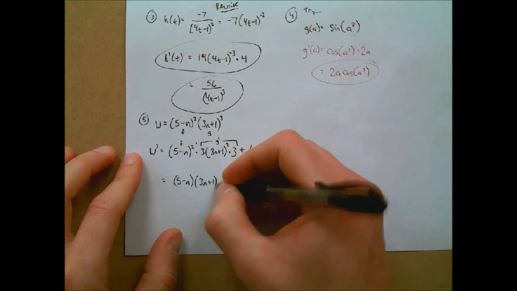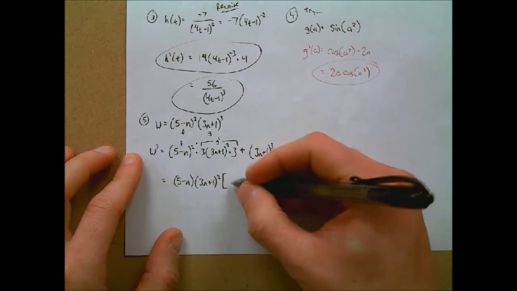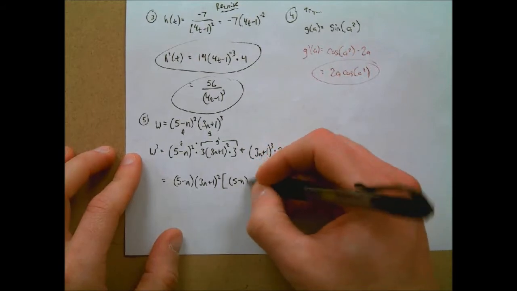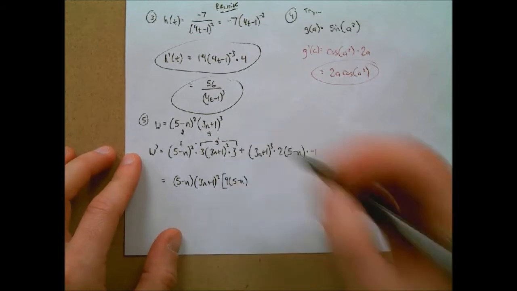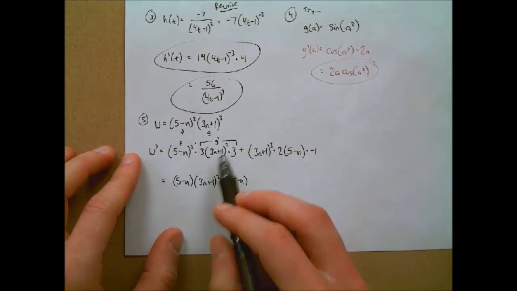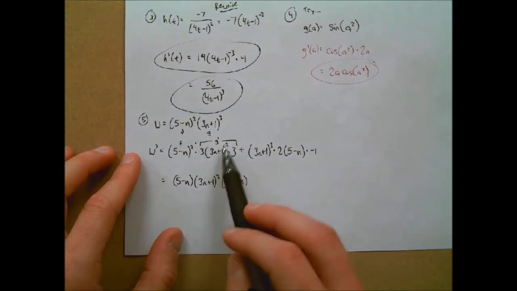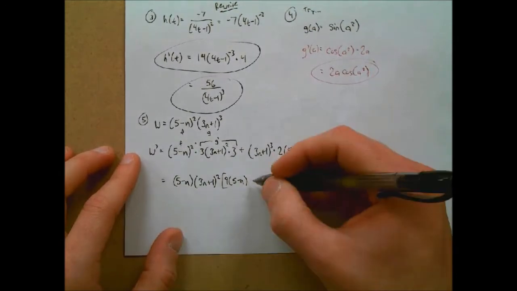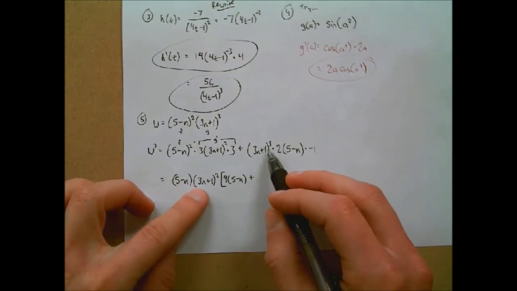And that will leave behind, so let's see, if I take out a 5 minus n, it'll leave behind a 5 minus n still. And then a 9 from the 3 and the 3. And then the 3n plus 1 squared is gone, right, because I factored it out. So I pulled out one of the 5 minus n's and both of the 3n plus 1 squared, so I'm left with a 9 and a 5 minus n. Plus, and if I pull out a 3n plus 1 squared here, I'm left with another 3n plus 1.